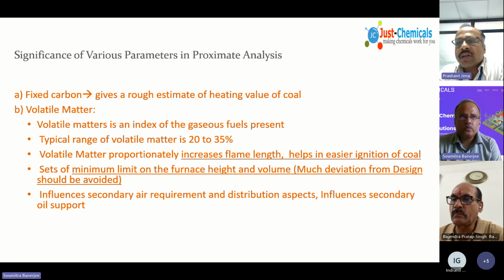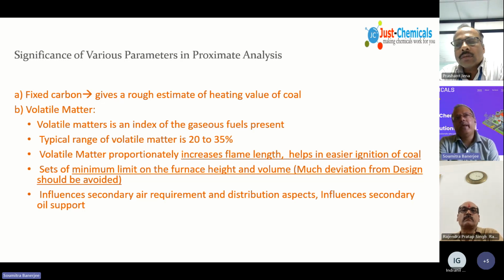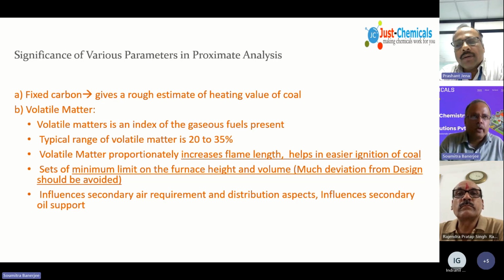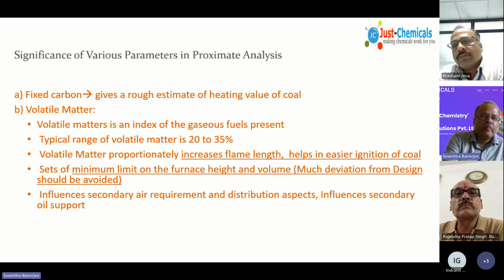Because you have already, combustion has started from the bottom, and the volatile matter would be burning right to the top. So the air requirement as per the carbon present, as per the ultimate analysis, what is the carbon present, that would be supplied through the primary air itself.